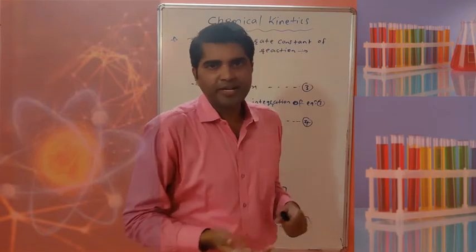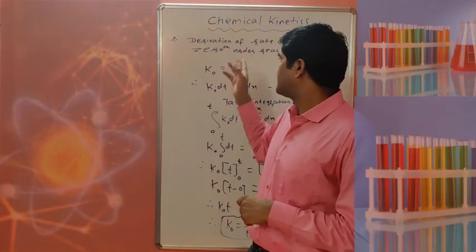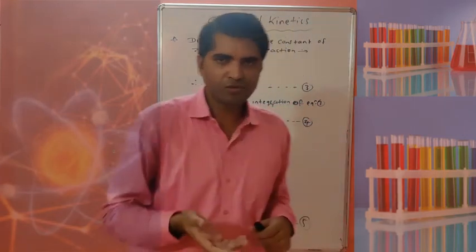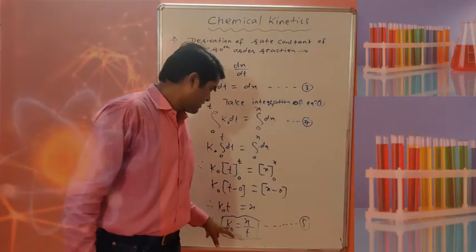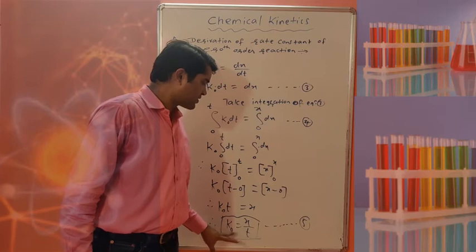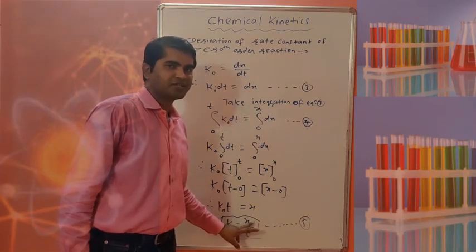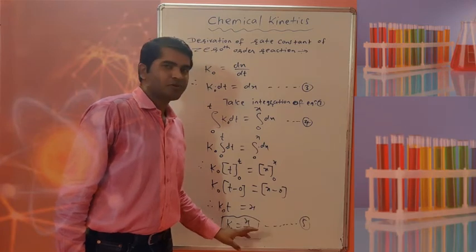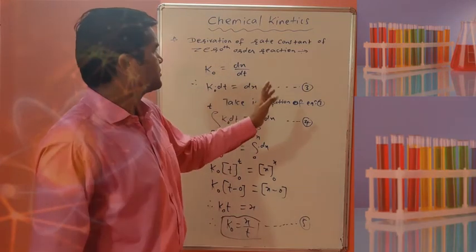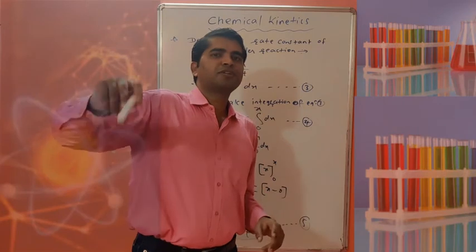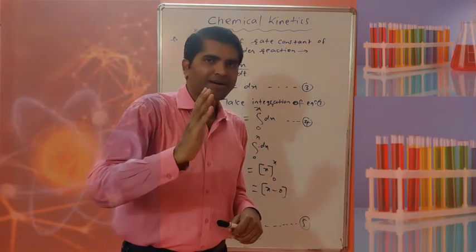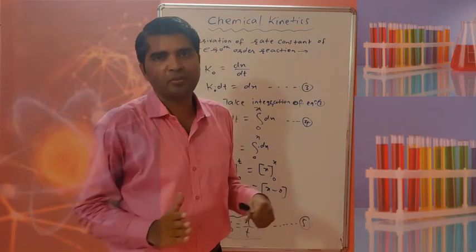Similarly, you can derive for first order, second order, third order, and nth order. In this case, you see, this rate constant does not depend on the initial concentration of the reactant. It depends on how much product is formed. Actually, in the rate equation also, rate is directly proportional to concentration of reactant raised to 0. That means what? In zero order, rate does not depend on concentration of reactant.